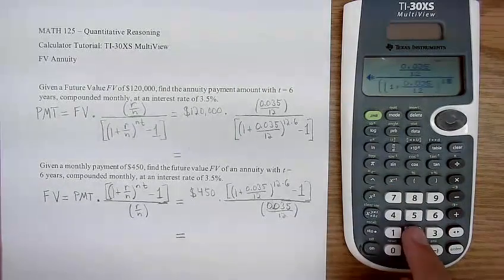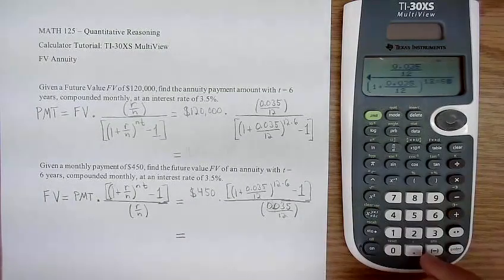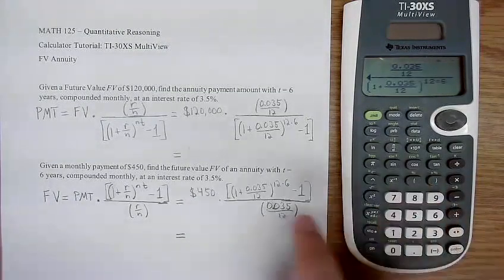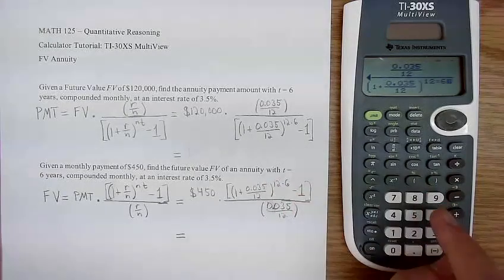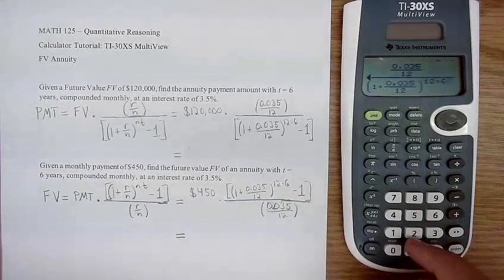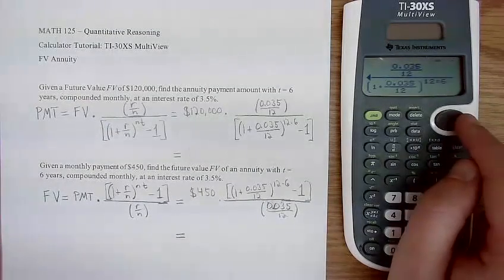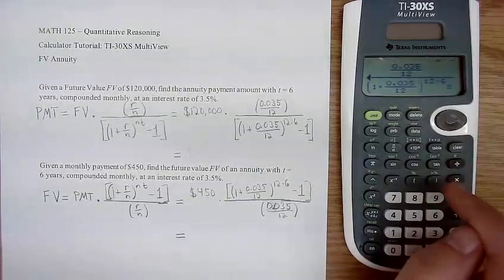And I can do my 12 times 6. If you are not using this kind of calculator, you might have to put parentheses around this multiplication up in the exponent for your calculator to be able to multiply up in the exponent, just as a side note. So now I need to leave the exponent, so I'll hit the right arrow to get out of it.